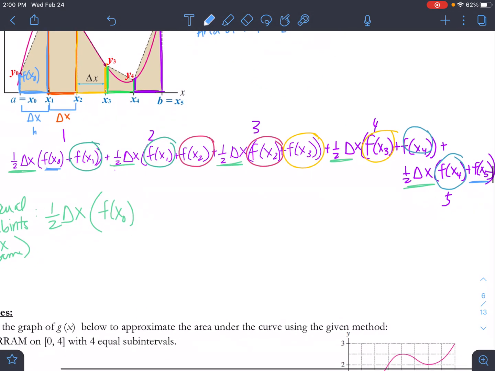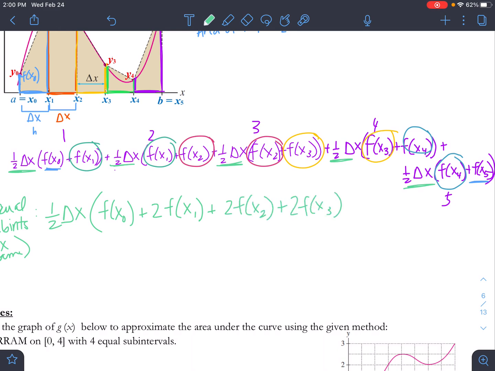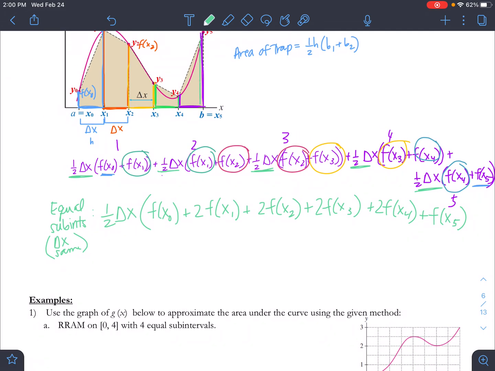So we could write this as 2 of x sub 1, 2 of x sub 2, 2 of x sub 3, 2 of x sub 4. But last but not least, we only had one time when we used this piece right here because it was only involved in one trapezoid.